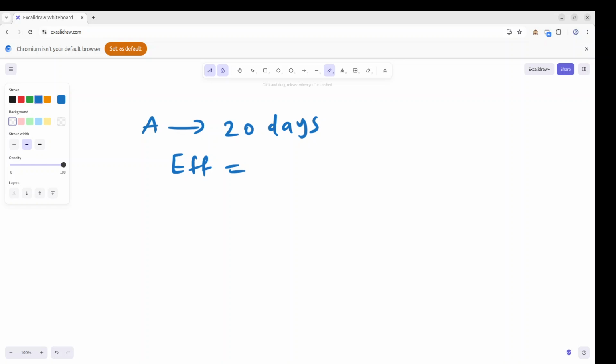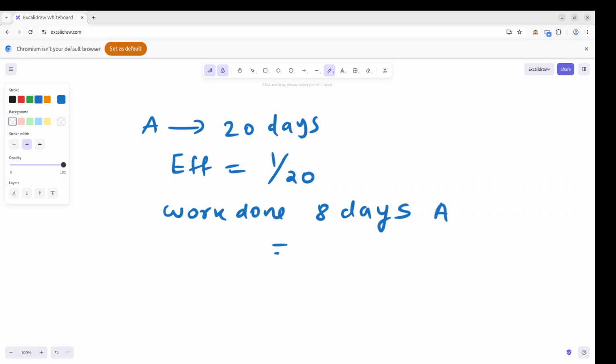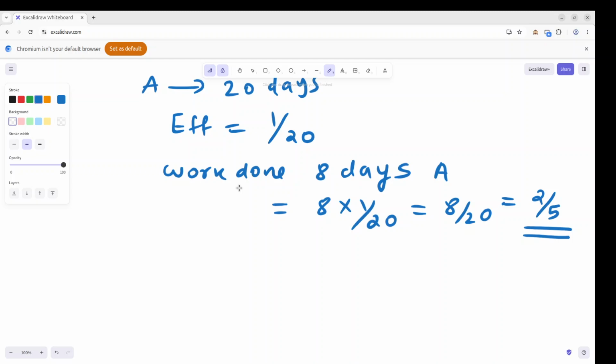In 1 day he can complete 1/20th part of the work, right? So the efficiency is 1/20. What will be the work done in 8 days by A? 8 days by A is 8 into 1/20, which equals 8/20. Cutting with 4, we get 2/5. I hope it is clear to everyone. Let's move to the next concept.